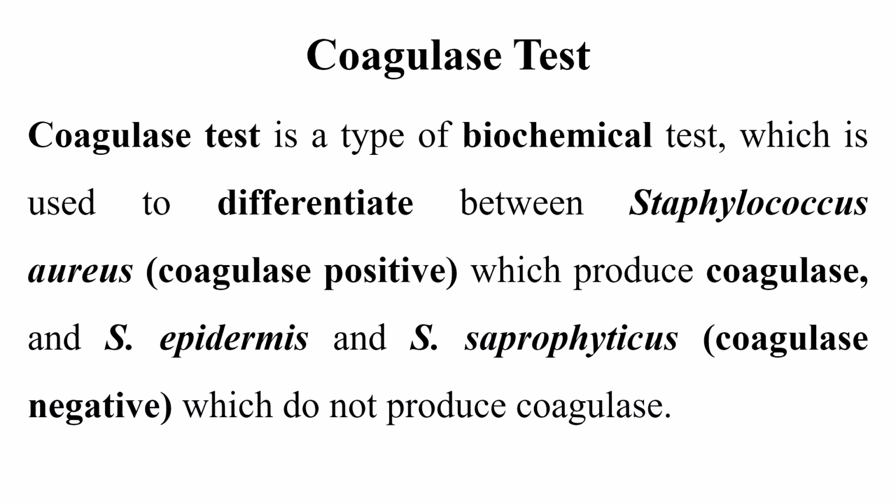We have another biochemical test, which is coagulase. It's also an enzyme, so the coagulase test is a type of biochemical test. It's used for differentiation between Staphylococcus aureus, which is coagulase positive, and other Staphylococci species such as Staph epidermidis and Staph saprophyticus, which are coagulase negative.